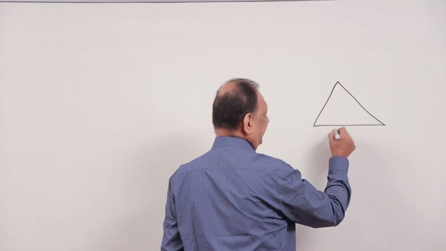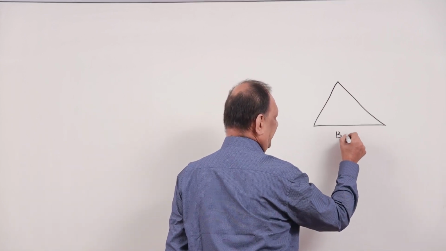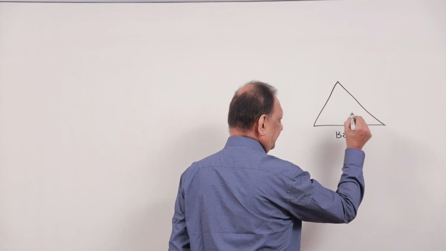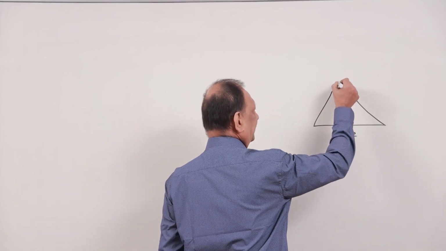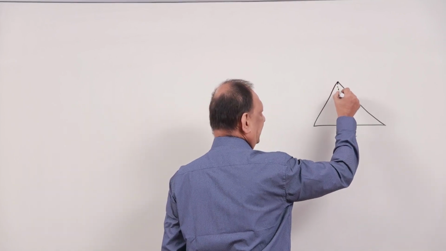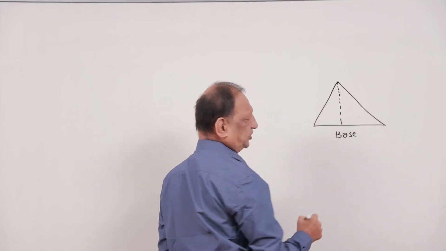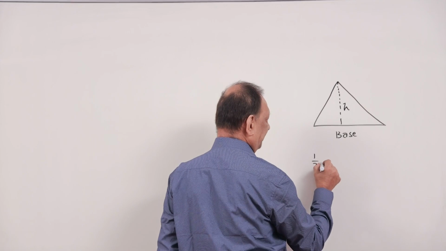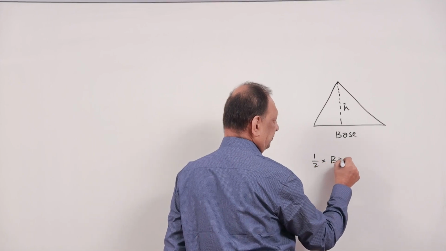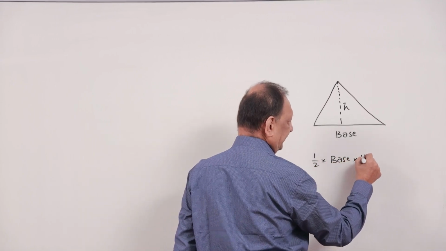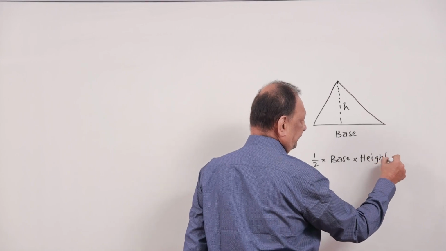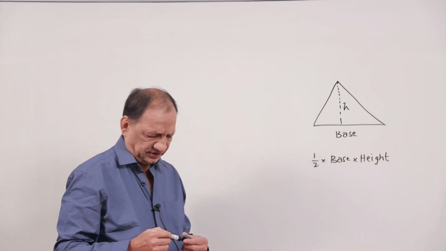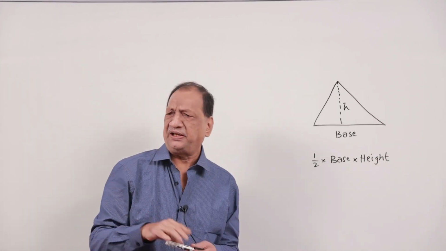We take one side of the triangle and call it the base and measure the height of the triangle as a vertical distance from the other vertex to the base. That is the height. And half multiplied by base multiplied by height is the area. Everybody knows this. We can measure those two quantities and multiply.